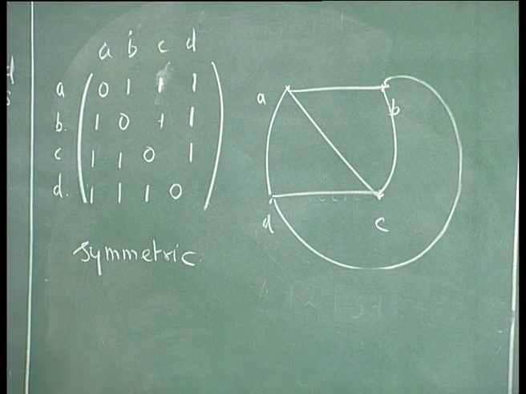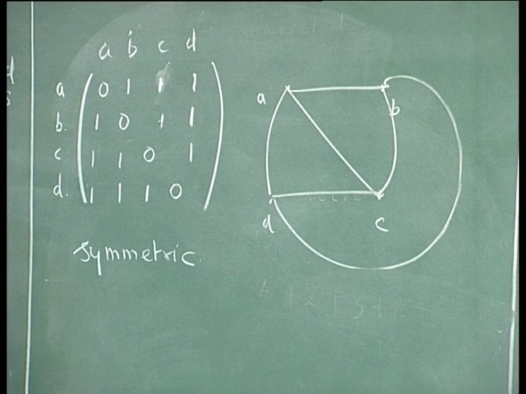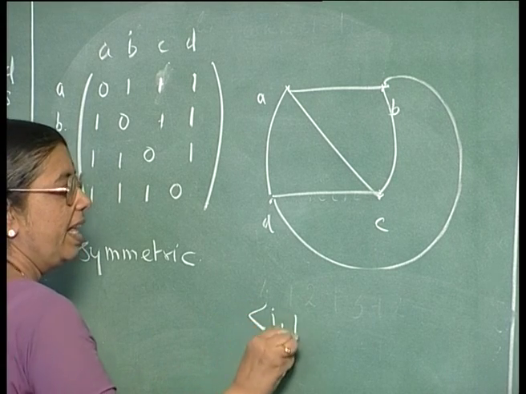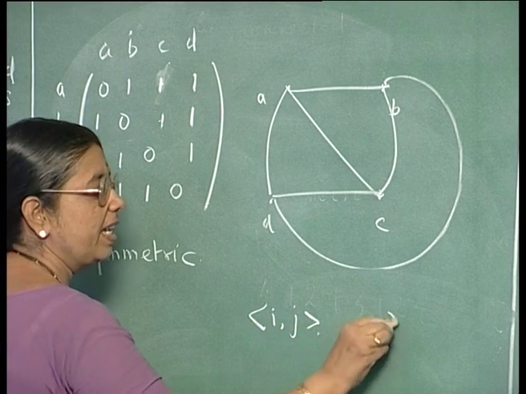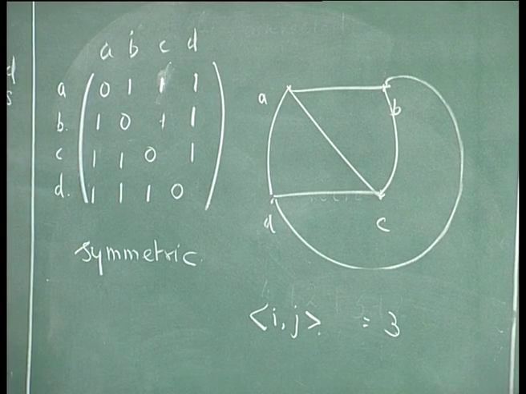Now, in a multigraph, you may have several edges between two nodes, and in that case, instead of representing as a Boolean matrix, we can represent by an integer there. If the ijth entry is a number 3, that means there are 3 edges between i and j, or between j and i.